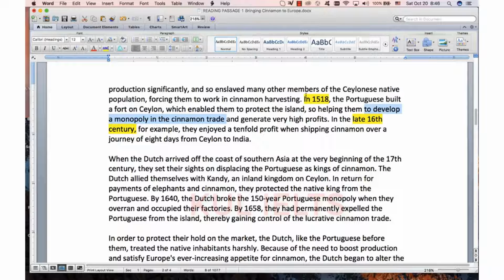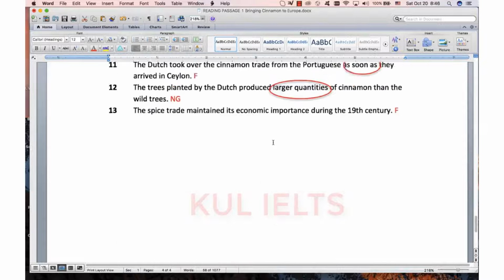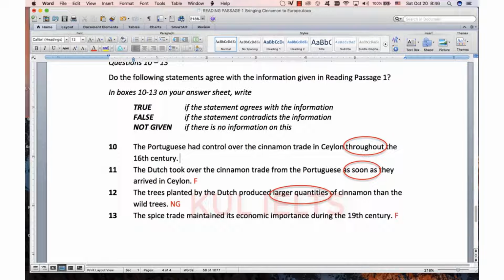And it was for the whole of the 16th century that they had this monopoly. So the throughout is there overall. That's why this is a difficult question. They're not comparing one word with one word. They're comparing one word with 2 whole sentences. So yes, again, the first one was a bit difficult, but yes, it's true.